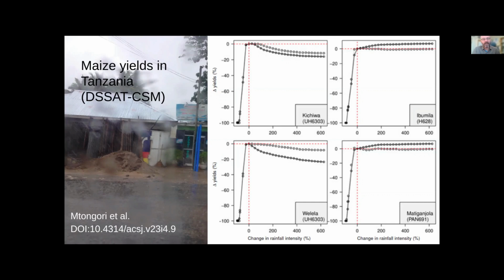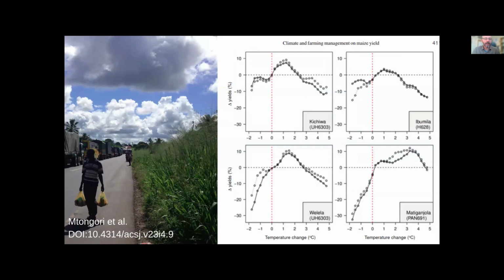And also she did the same thing for temperature, which is shown here. And you can see that there was a stronger effect from temperature. By increasing the temperature by about 1 degree, the crop yields increased, and after that, the crop yields decreased. So these are 4 different places in Tanzania.